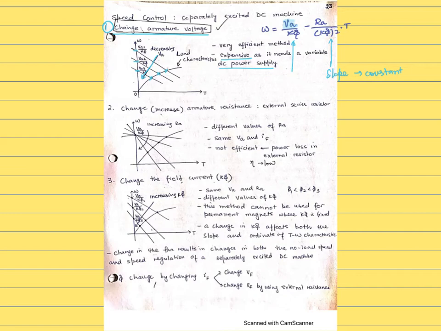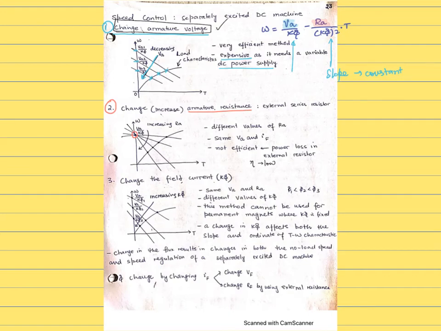Number two: what else can we change? We can change RA, the armature resistance. That's the second method. With the armature resistance, you can see that it will only change the slope, but keep the y-intercept the same, because that does not involve RA.